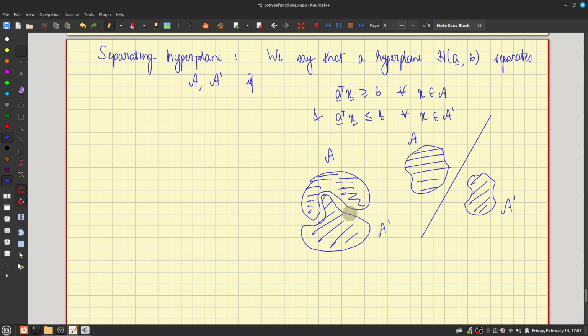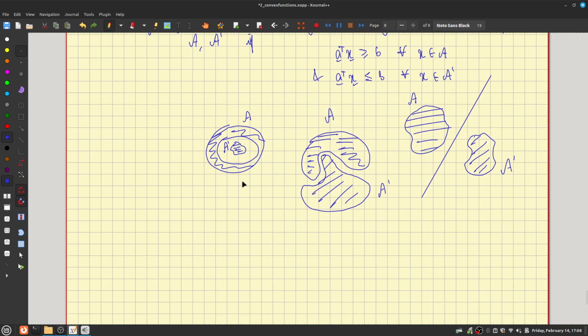Visually, you see that there is no way of constructing a separating hyperplane for these two sets. In fact, we can get more extreme. My A could be a disk, and my A prime could be another set that lies inside this. So it's very easy to construct sets that cannot be separated by a hyperplane. The nice fact is that if A and A prime are convex, then there will always be at least one separating hyperplane.